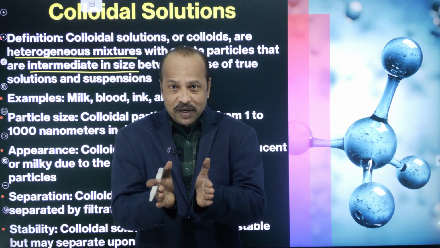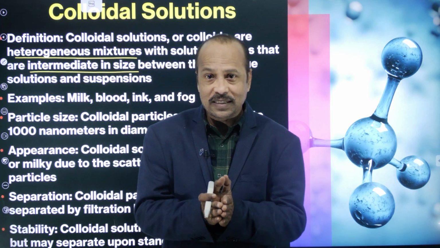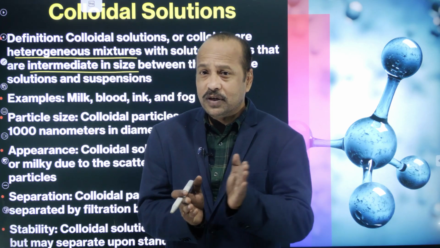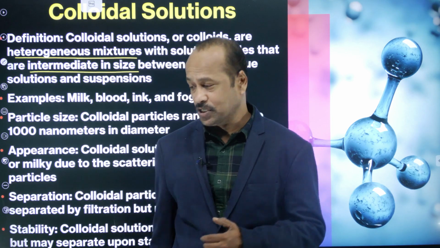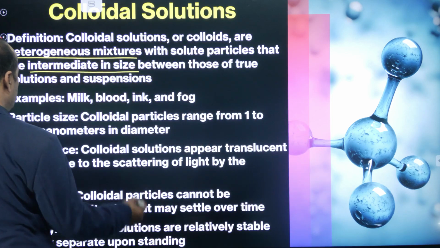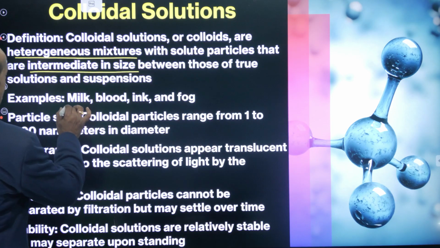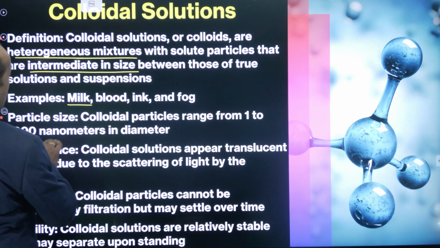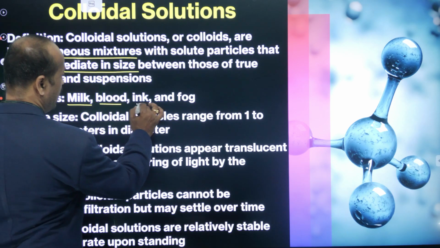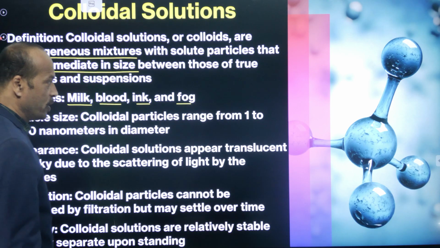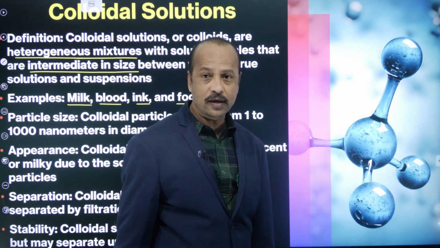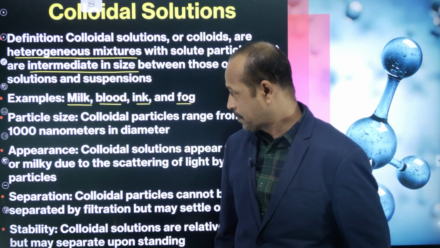They are in the middle, the size of the particles is between the true solutions and suspensions, right? Examples for colloidal solutions are milk, blood, ink, fog. All these we can give as examples for colloidal solutions.